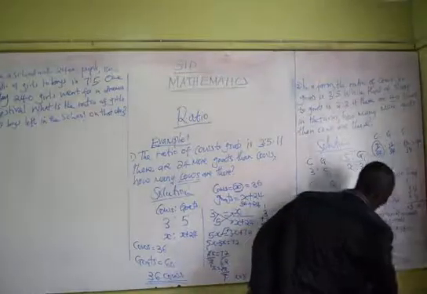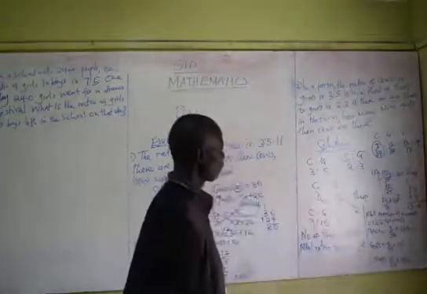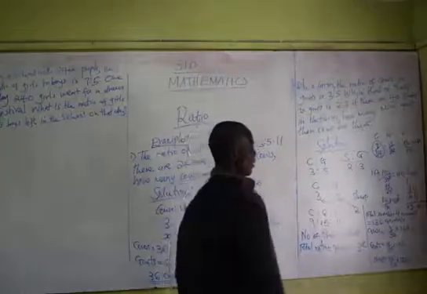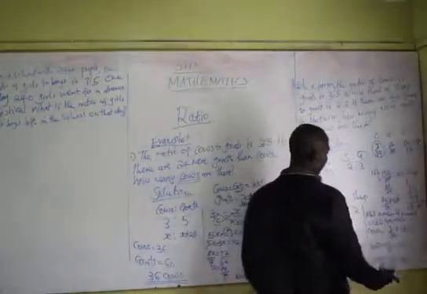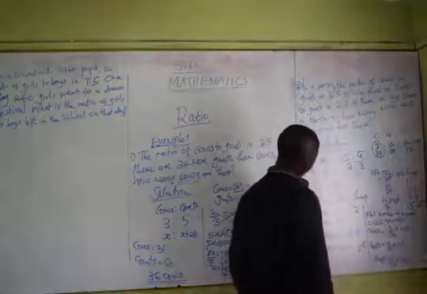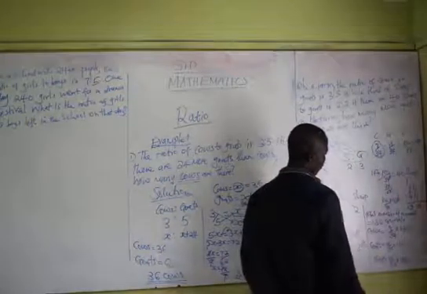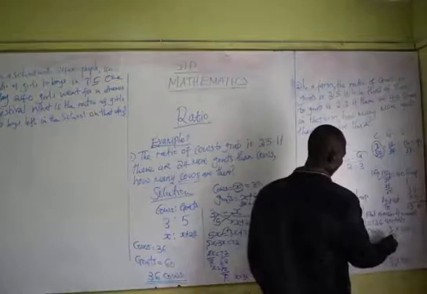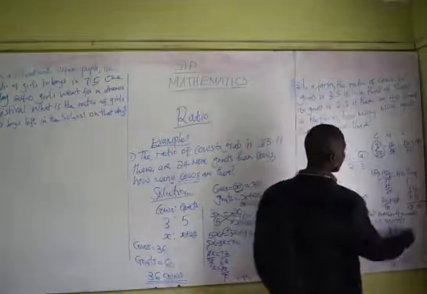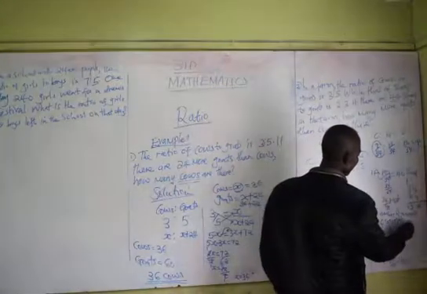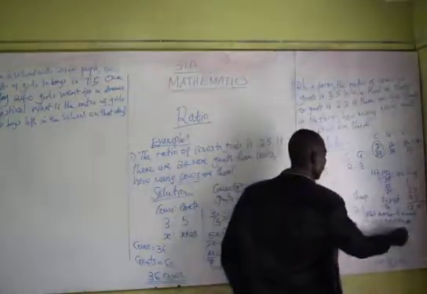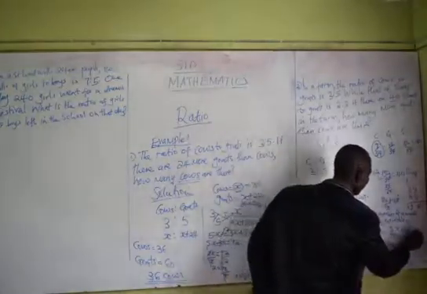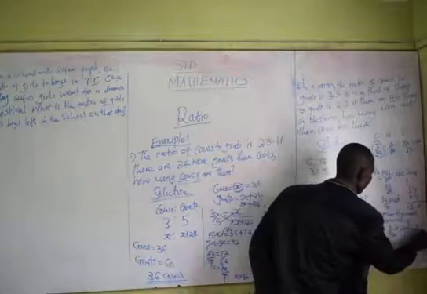So let us now simplify. 34 goes into 34 how many times? 1 time. 34 into 136 is 4 times. So we have 4 times 9 to give us 36 cows.